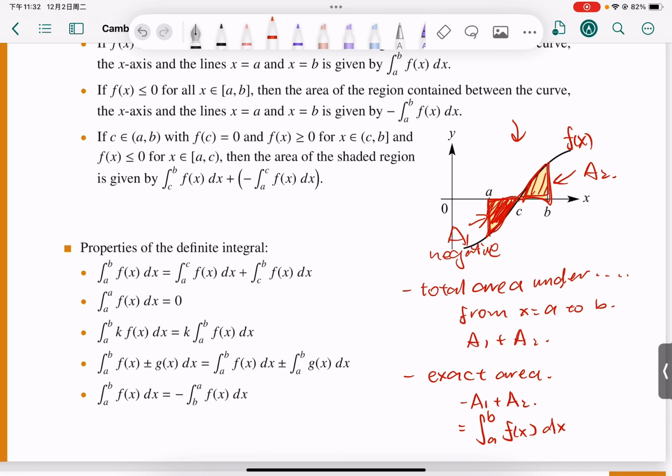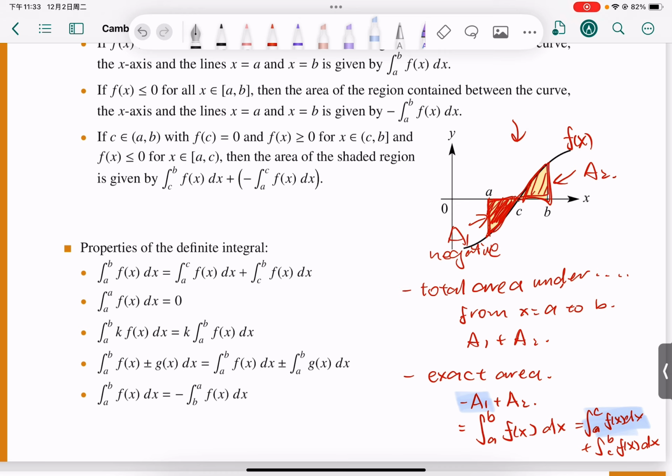So it should be equal to this one, which in another way you can write as the integral from A to C plus the integral from C to B. So this part is equal to minus A1.